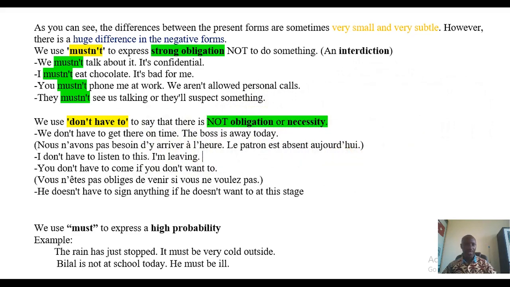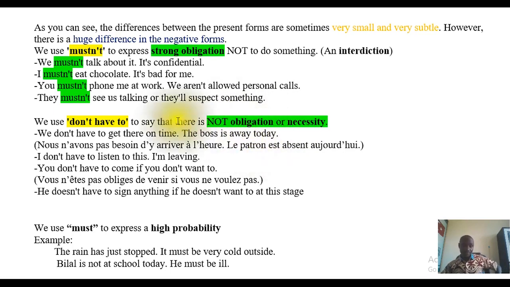We can use don't have to to say there is not an obligation, not necessary.